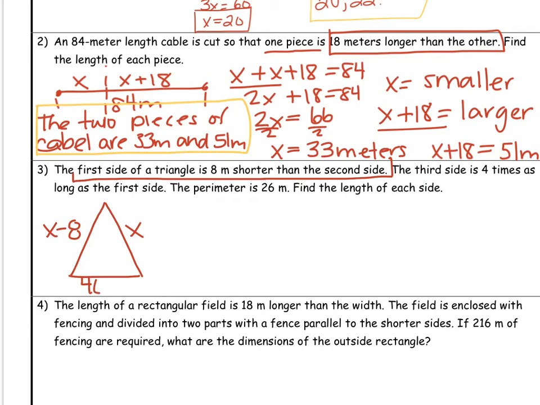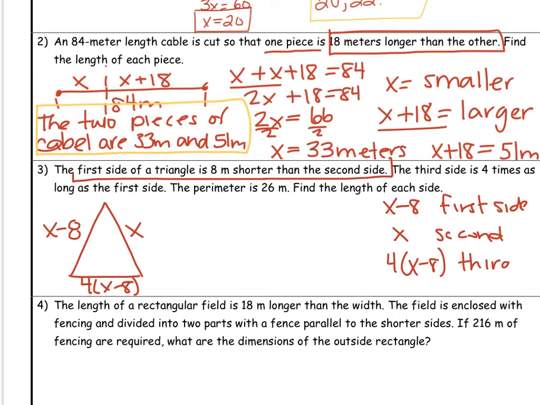So that's 4 times x minus 8. So define our variables over here. x minus 8 is the first side. x is the second side, and 4 times the first side is the third side of the triangle.